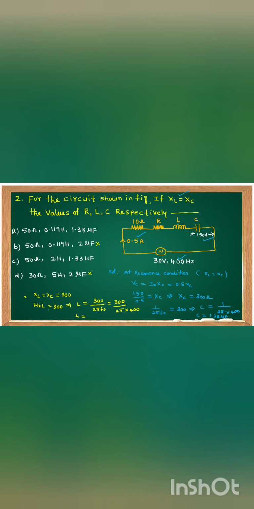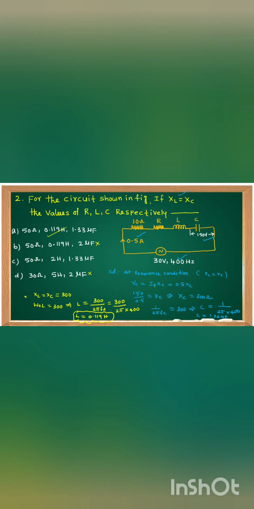Doing these calculations, we get L equal to 0.119 Henry. Then 1.33 microfarad, 0.119 Henry. Which option is going to be correct? Option 1. But how to calculate R, students?